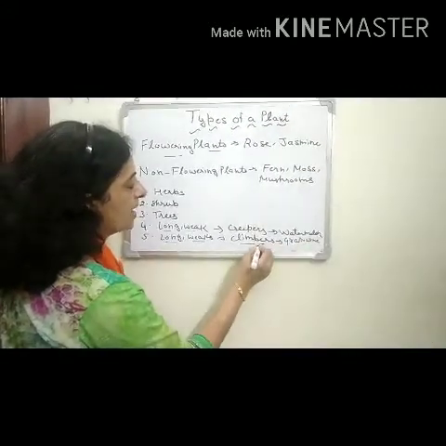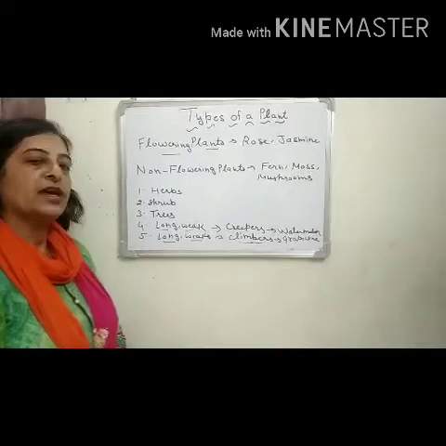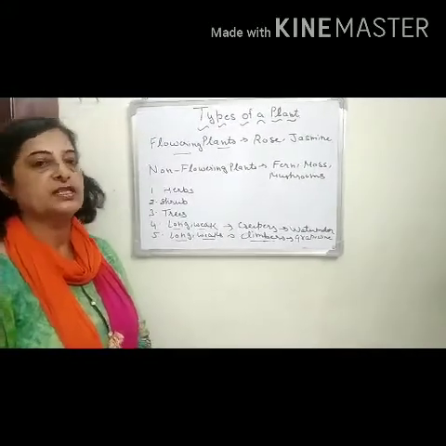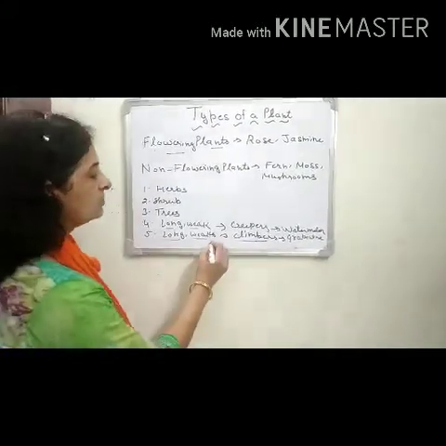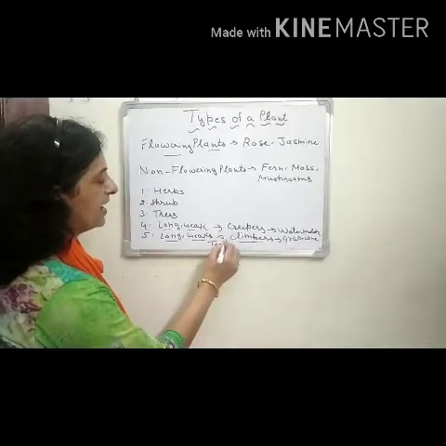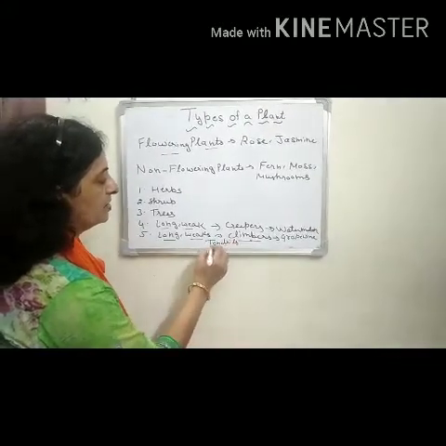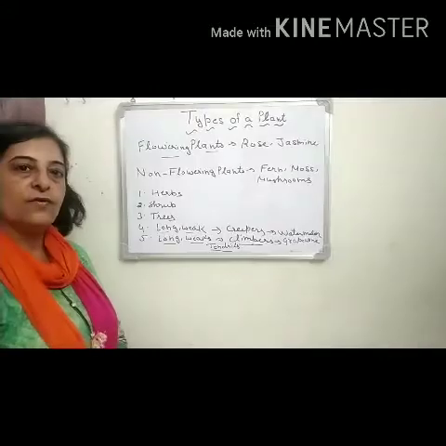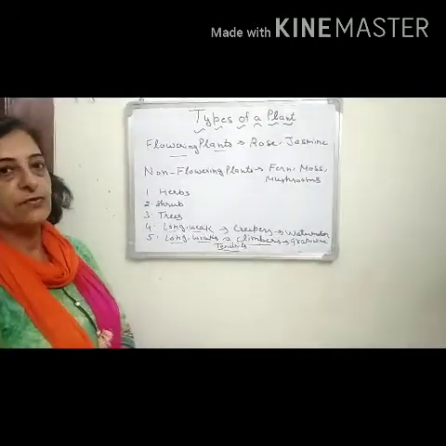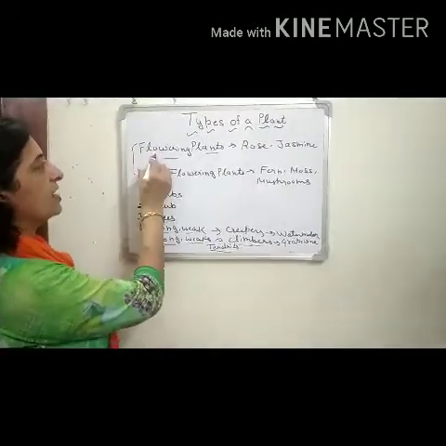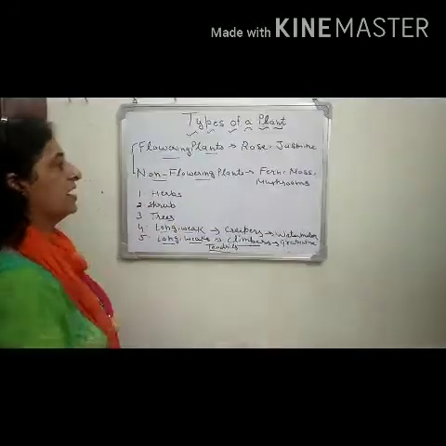And in such plants, in climbers, there are special modifications to give support to the plants, and these modifications are known as tendrils. So, on the basis of presence or absence of flowers, there are two categories: flowering plants and non-flowering plants.